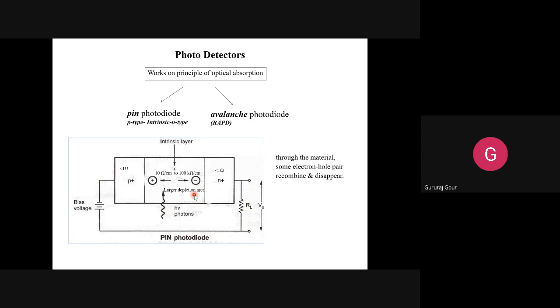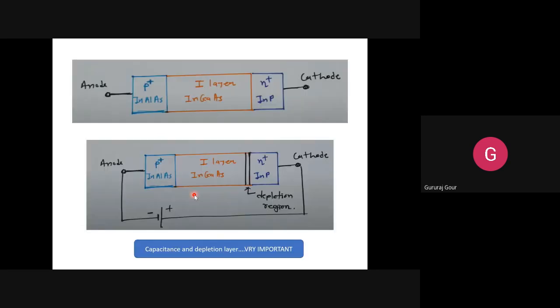Next we are going to jump into photo current and photo carriers, which we'll see now as a part of the operation. If we look at some sketches, we can easily understand this. Let us try to understand the operational aspect.